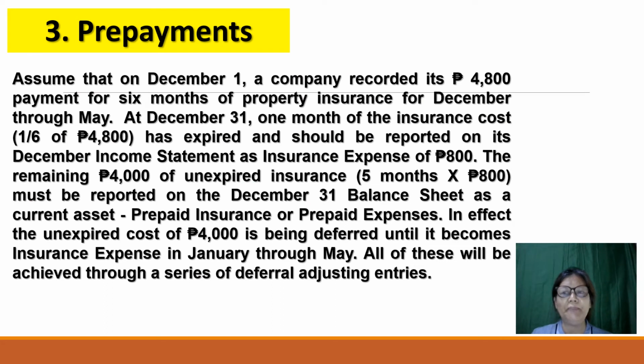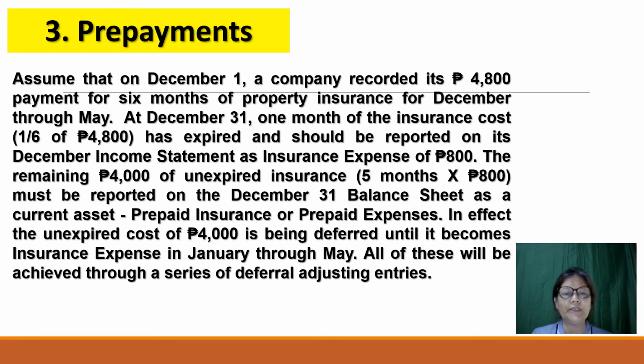Number 3, prepayments. Assume that on December 1, a company recorded its 4,800 pesos payment for 6 months of property insurance for December through May. At December 31, 1 month of the insurance cost, that is 1/6 of 4,800, has expired and should be reported on the December income statement as insurance expense of 800 pesos.